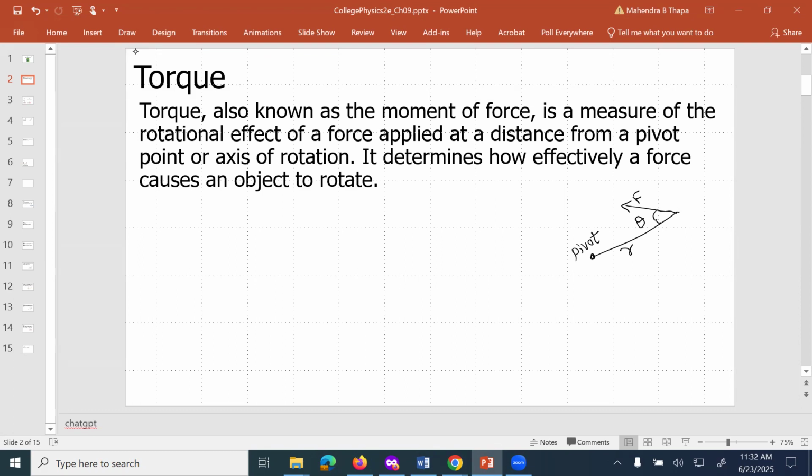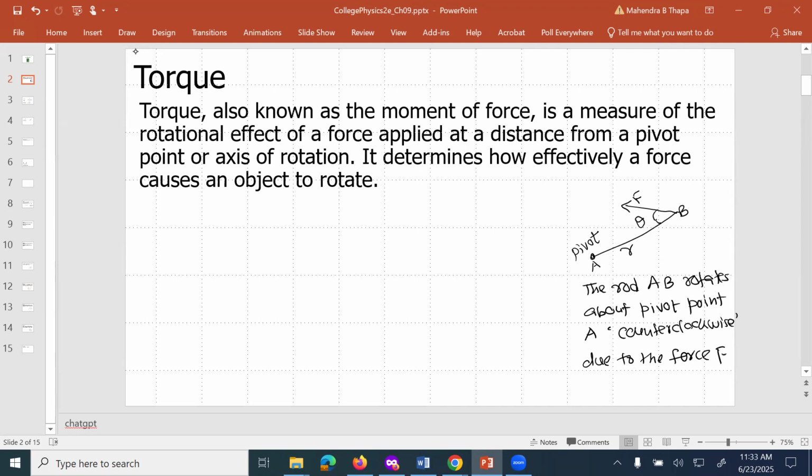So about this pivot point, if we apply force like that, say this rod is AB, say the rod AB rotates about pivot point A, counterclockwise due to the force F.